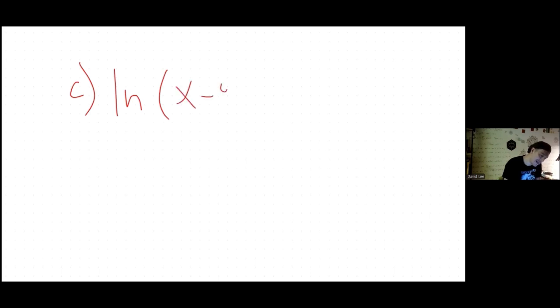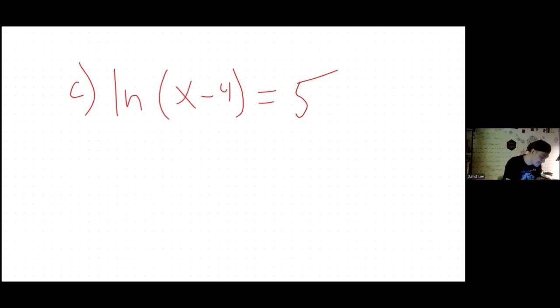All right, how about this example? This equation, equation C, natural log of x minus 4 equals, let's say, 5. Solve this equation for x. Okay, so I would begin by filling in the invisible base, which is what we just discussed.